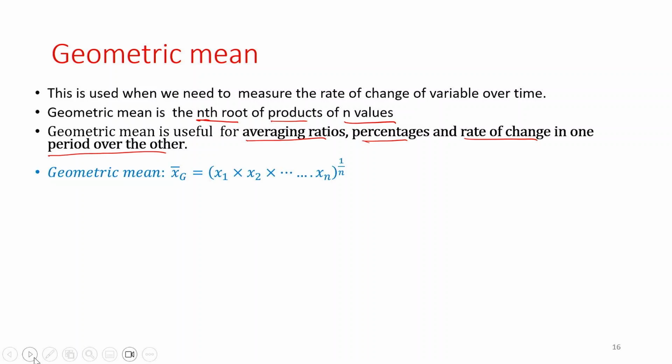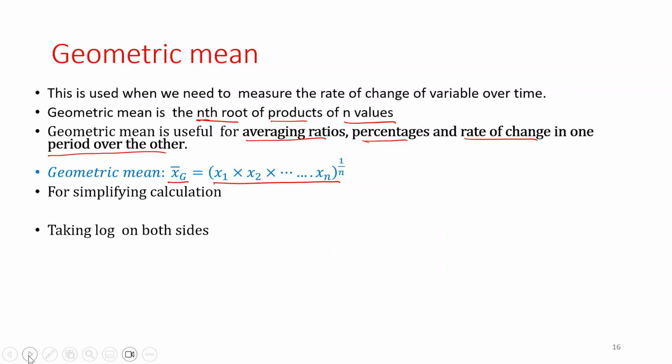So mathematically, if we try to express what geometric mean is, the geometric mean x bar g is the nth root of x1 into x2 into x3 up to xn. This is what geometric mean is. For simplifying the calculation, finding the nth root is very difficult. If we go for 5 observations or 10 observations, that becomes very difficult.